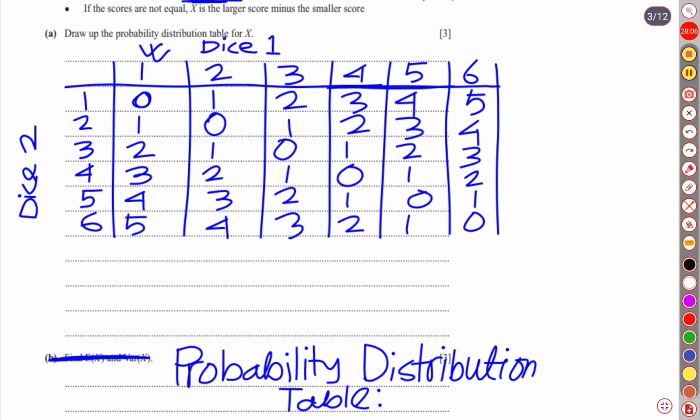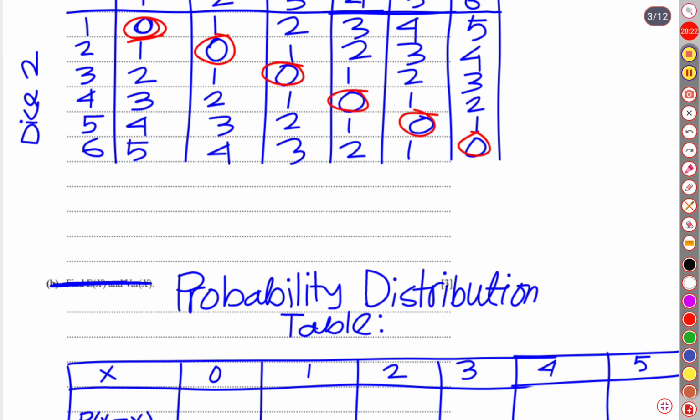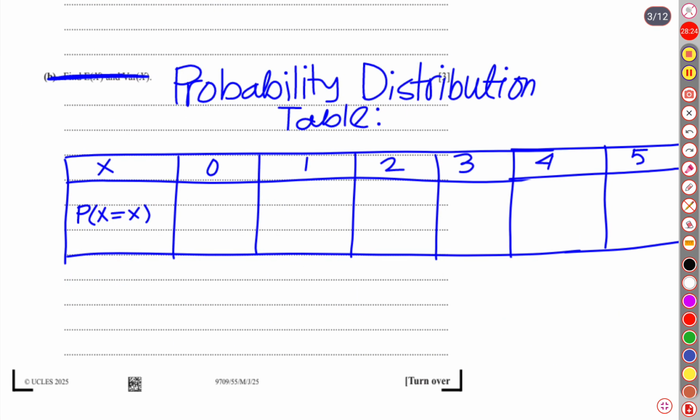Let us see how many zeros are there. 1, 2, 3, 4, 5, 6. Total outcome is 36. Out of 36, there are 6 zeros. That is 1 over 6. So first one is 1 over 6. Now how many ones are there?